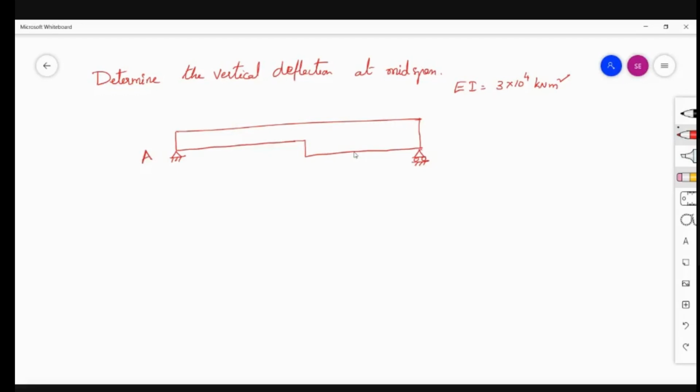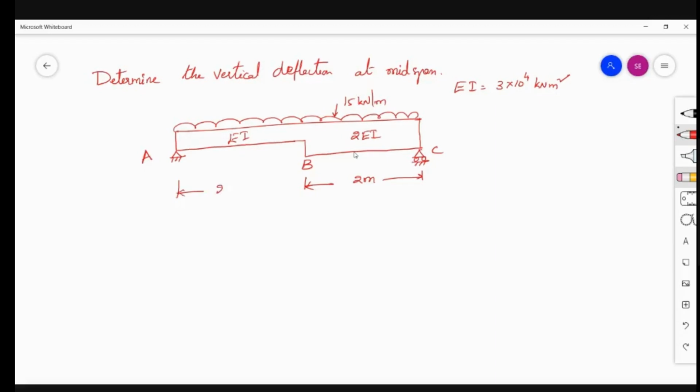A, B, C. It is loaded with a UDL, which is 15 kilonewton per meter. This is EI. This is 2EI. Distance is 2 meters here.